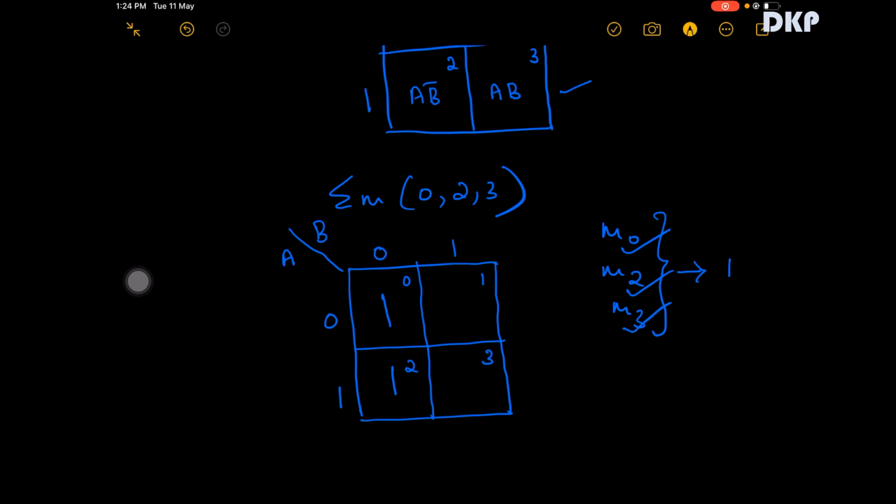M3 is also present. Place 1 in that corresponding cell. Here M1 is absent, so either you can leave it empty or you can place 0 here. So this is how you map the sum of the minterms 0, 2 and 3.